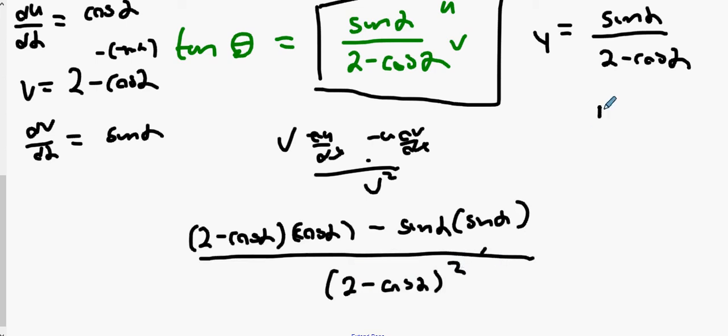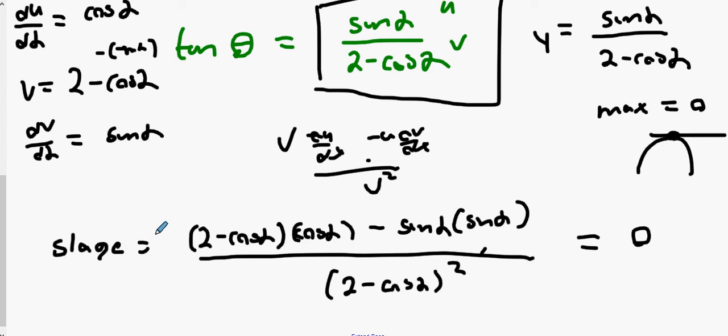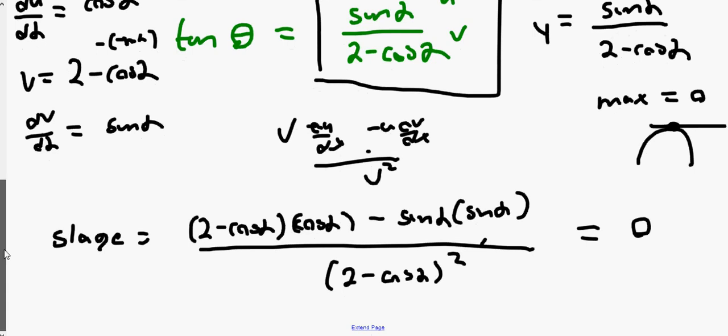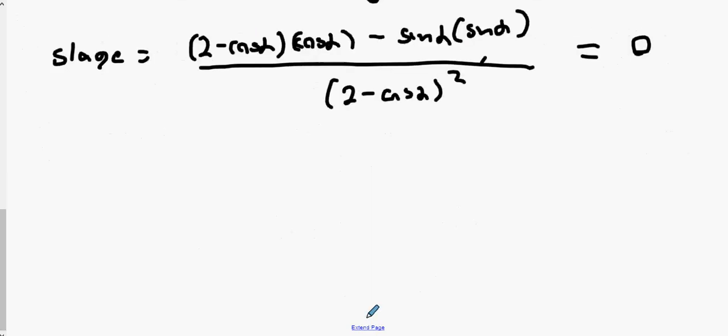Alright, it's a max when it's equal to 0, isn't it? Because it's a turning point, which means the slope equals 0. So your slope, which is your first derivative, has to equal 0 at maximum values. So, what do we get here then? We're going to get 2 cos alpha minus cos squared alpha.